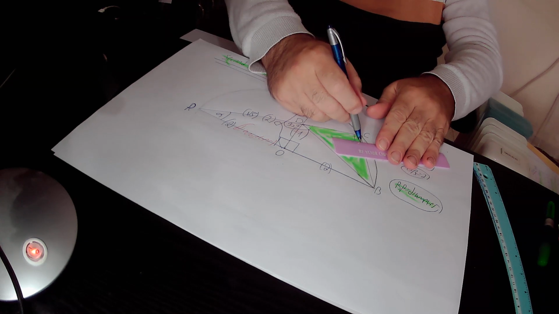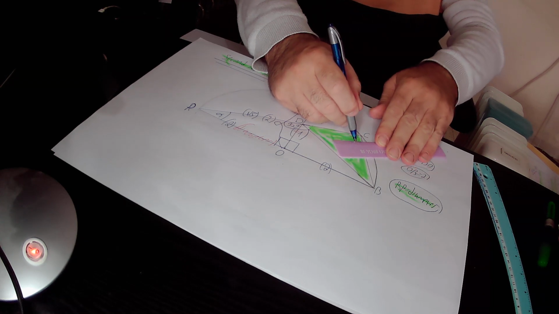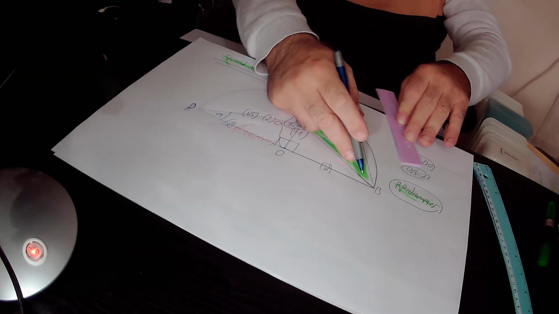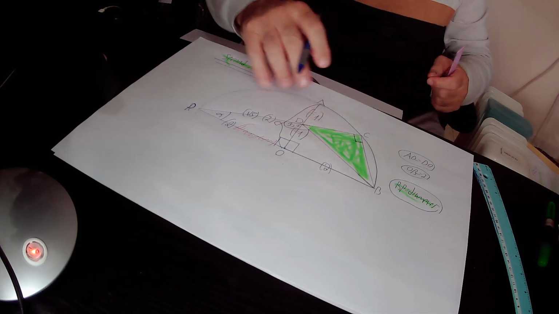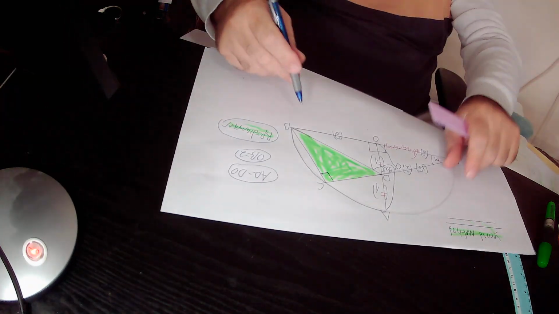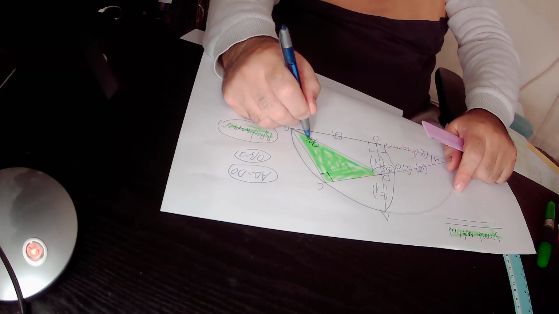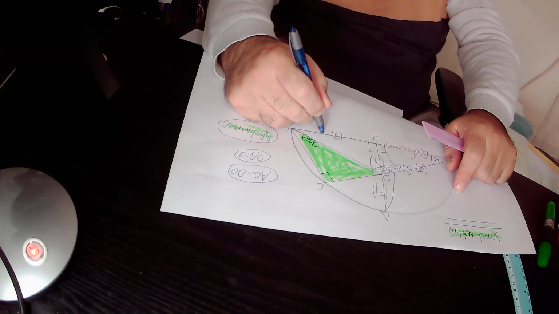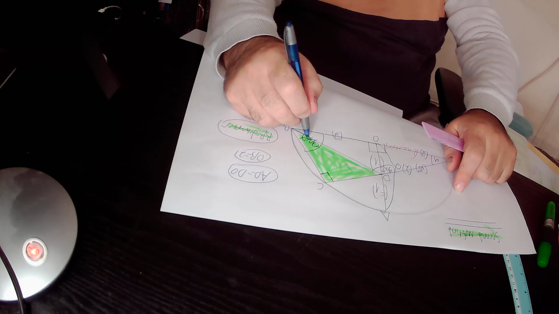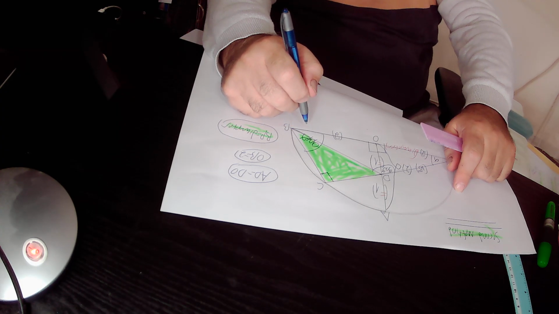This angle equals 90 degrees according to what is given in the question, and therefore this missing angle must be equal to 90 degrees minus alpha, according to the sum rule that says the sum of the angles in any triangle is equal to 180 degrees.